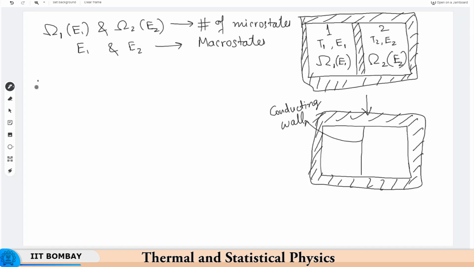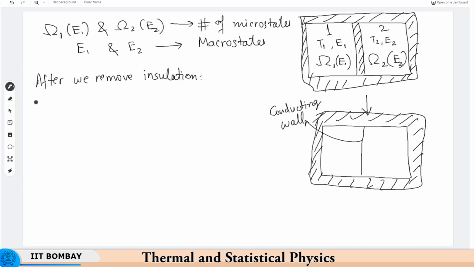But what happens to the microstates, right? So, after we remove isolation or insulation, what will be the total number of microstates of this entire system, right?